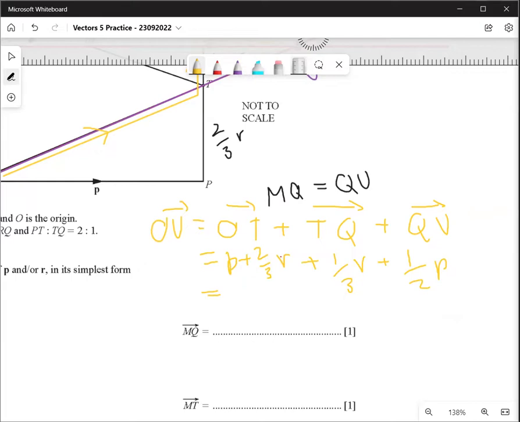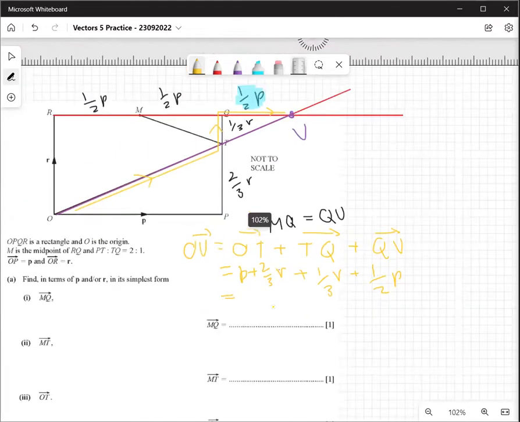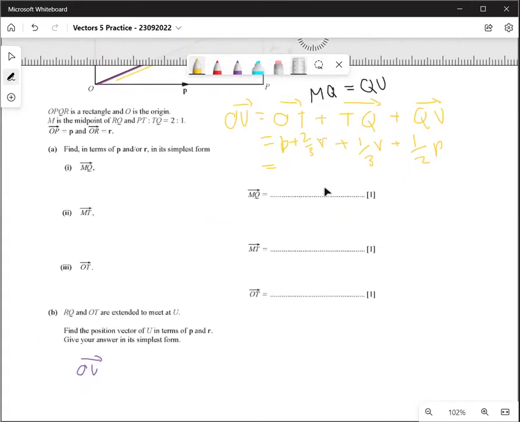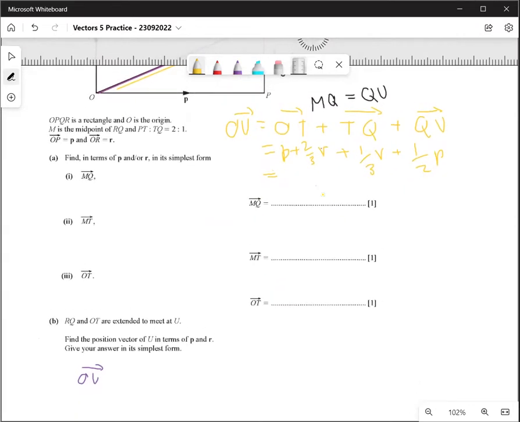So what do we do? Do we add all these? Yes, add all these. Do we also add like P and R and stuff? Yeah, you have to add P with P. So add the common things. Algebra.